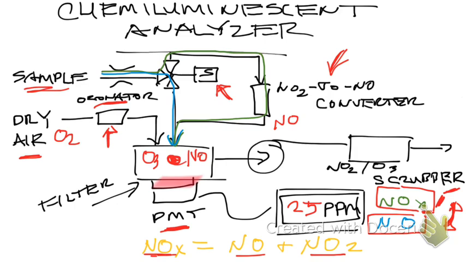The one thing I didn't point out is this item right here, a small capillary tube, and it restricts the flow and controls the flow rate of the sample through the analyzer. That could plug off, our switching solenoid valve could malfunction. We have our NO2 to NO converter, ozonator. There's lots of different parts in this analyzer, so it's important to know how it functions.